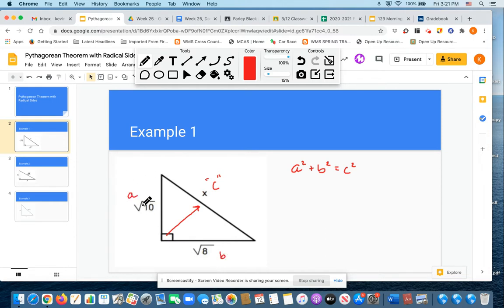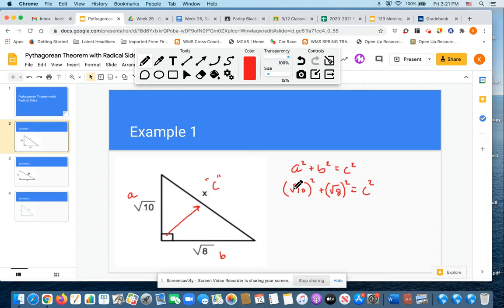So when I do this, I get the square root of 10 squared plus the square root of 8 squared is going to equal c squared. Just like we did before with whole numbers, we do the same thing here with these radicals or square roots.